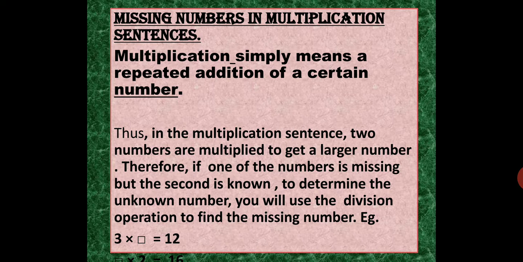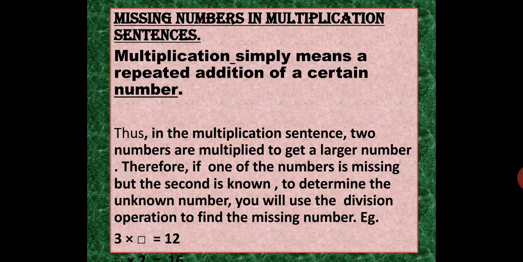Now, what exactly is multiplication? Well, multiplication simply means a repeated addition of a certain number. So, in the multiplication sentences, two numbers are multiplied to get a larger number. You have to multiply two numbers together to get a larger number.